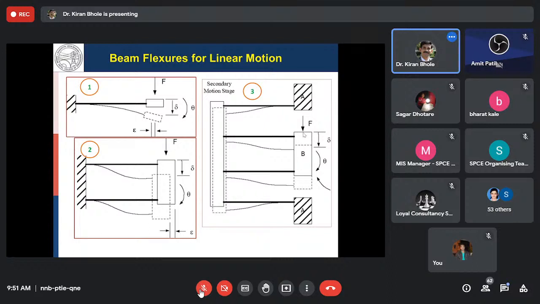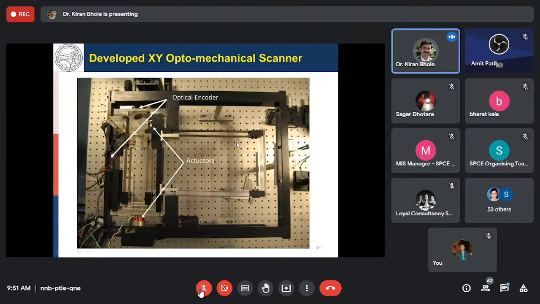That's why this concept is very promising and can be used for accurate straight line scanning of the laser beam, and thus it is used in the micro stereolithography process. This is an actual photograph of the mechanism which is used in the MSL.